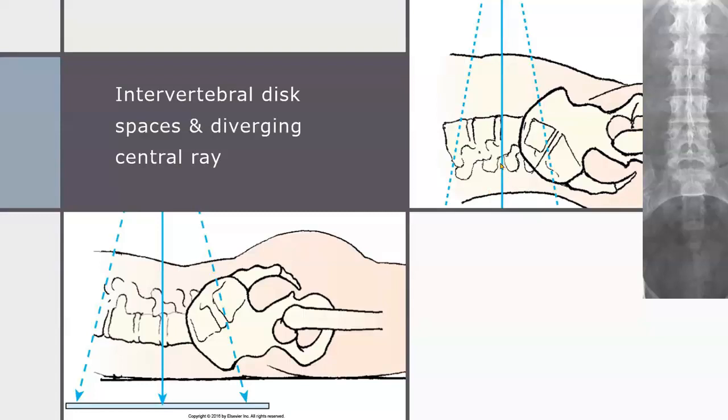When we do it AP, which 99.99% of the time we shoot our AP lumbar, we shoot it with the patient supine on the table.